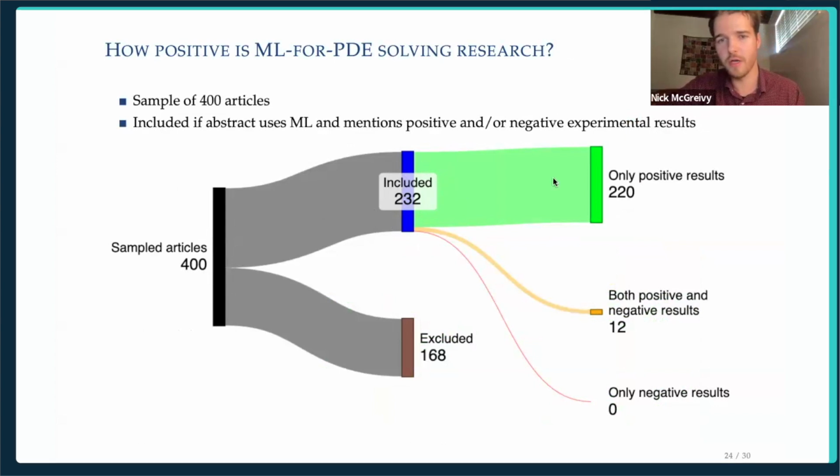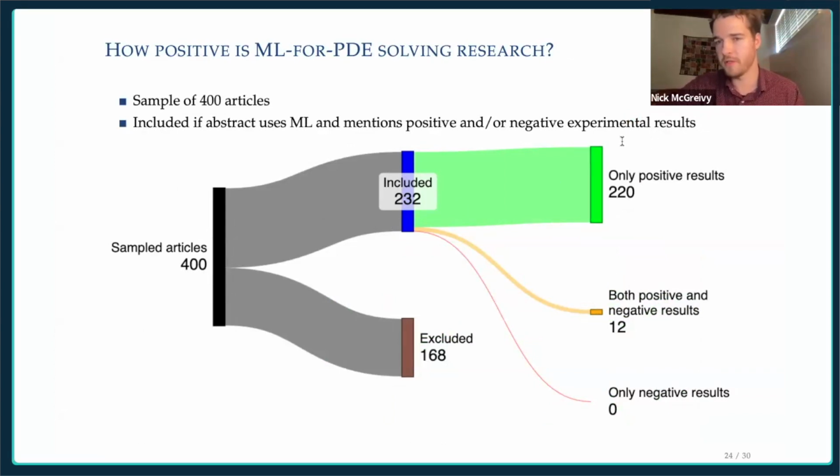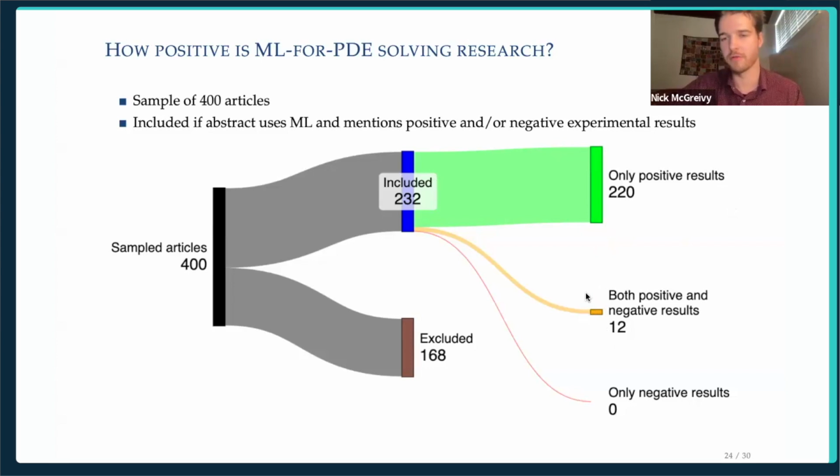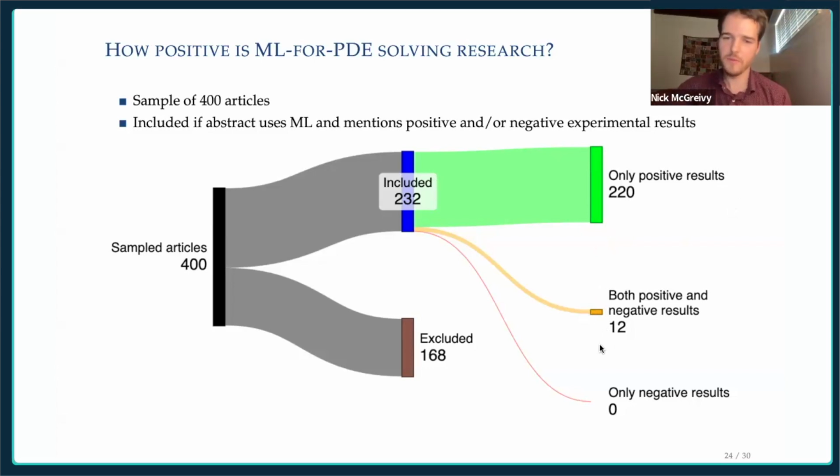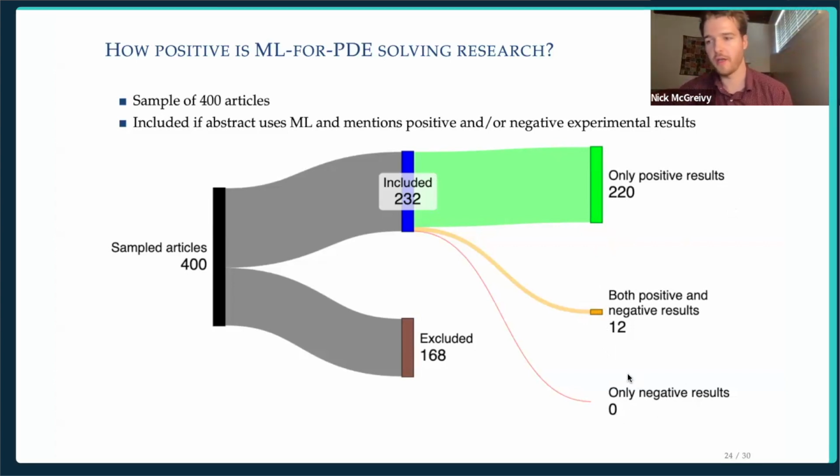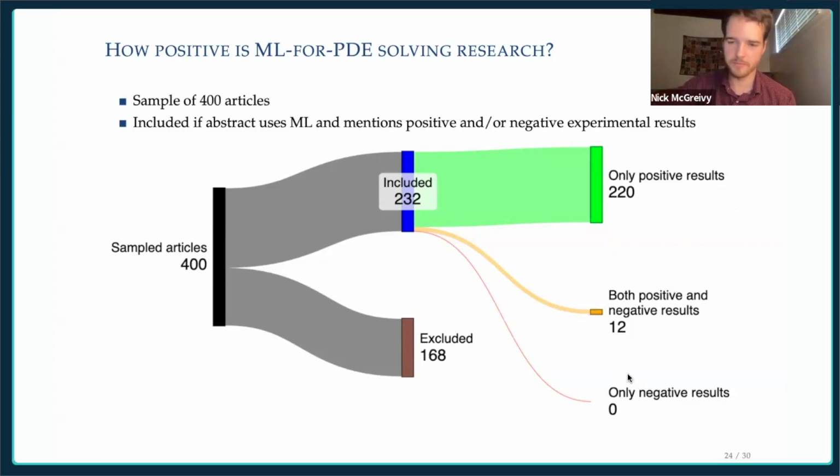Of those, 95% of the experimental results in the abstracts are only positive, and 5% have some combination of positive and negative results. It does better here, but it doesn't do better here. And in none of those 232 papers did the abstract say, we don't beat the baseline, period, and that was the only result.